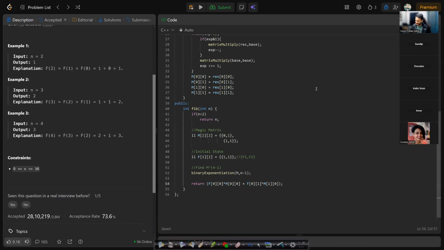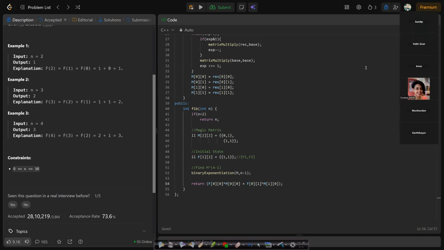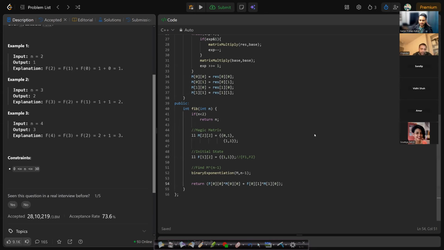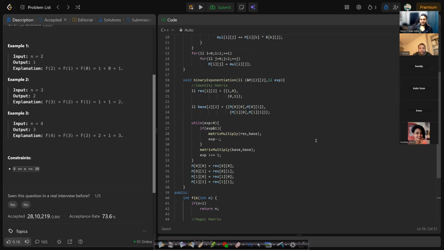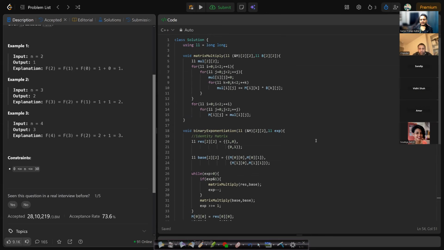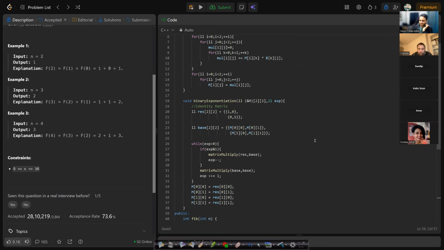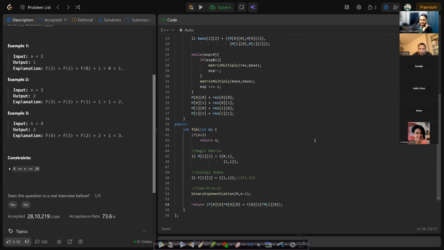What is happening? Today, I think the internet is not running well, or what is happening? So have you guys typed it? Take your time and type it, because if you type it, then a lot of things will get clear. Yes, Soumya, have you typed it?